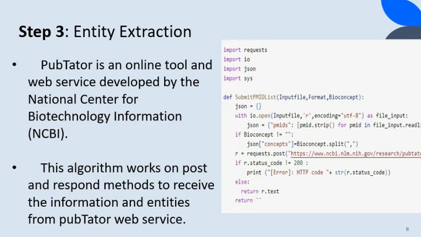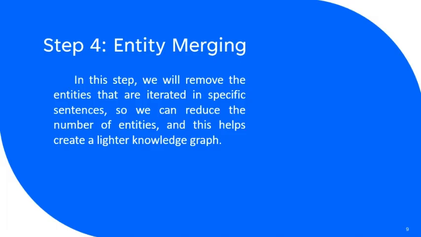So as you can see, it's based on the request and post of our query, and then we get the information from the website and save it in the JSON file. PubTator is public and easy to use, and with this we have extracted the entities of the sentences that we have, and it's ready for the next step.